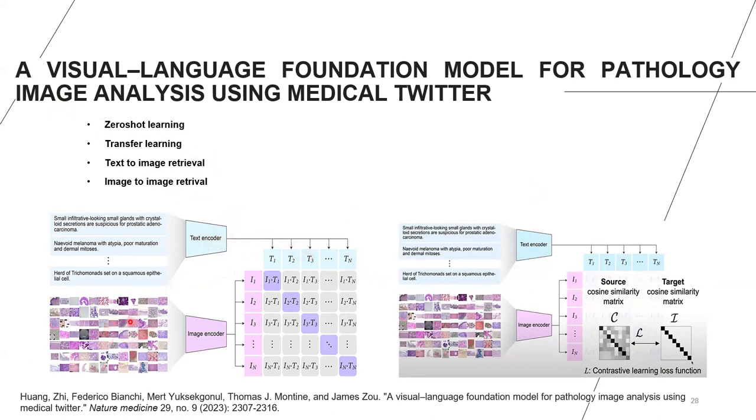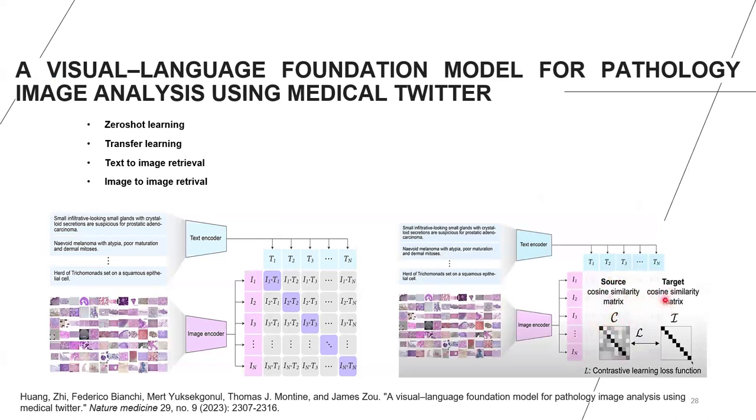Then we give the corresponding image to the image encoder, it will find the image embedding, and then we find the cosine similarity among them. The diagonal has the maximum representation of the same class. So there is a source cosine similarity and target cosine similarity matrix. The source cosine similarity is based on the provided data set.